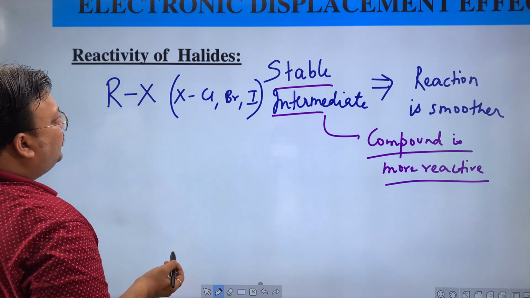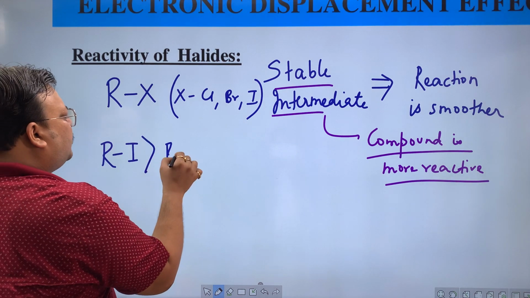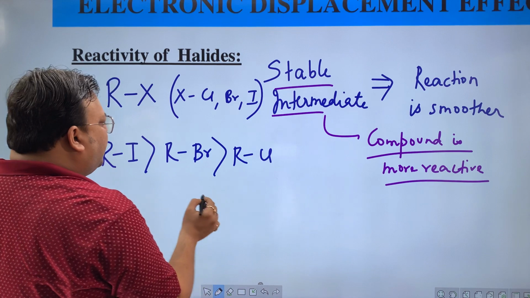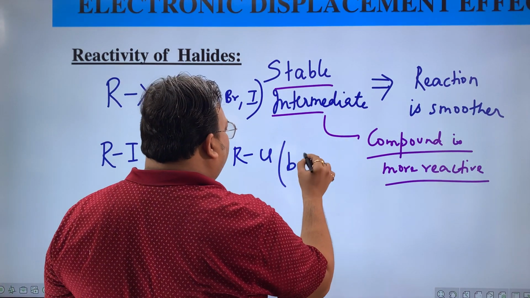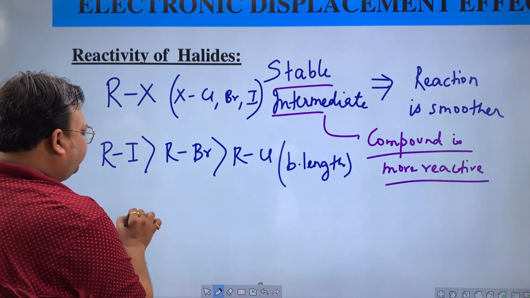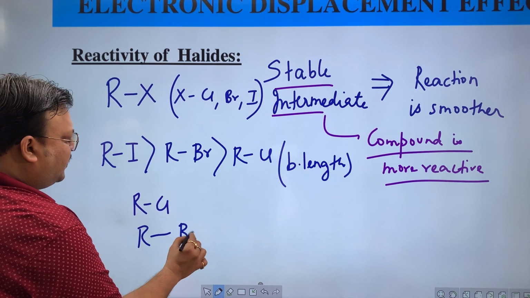When it comes to reactivity of halides, in general this is the order of reactivity: RI more than RBr more than RCl. It's based upon bond length. A bigger bond is easier to break. So this is very simple. This is RCl, this is RBr, and this is RI.